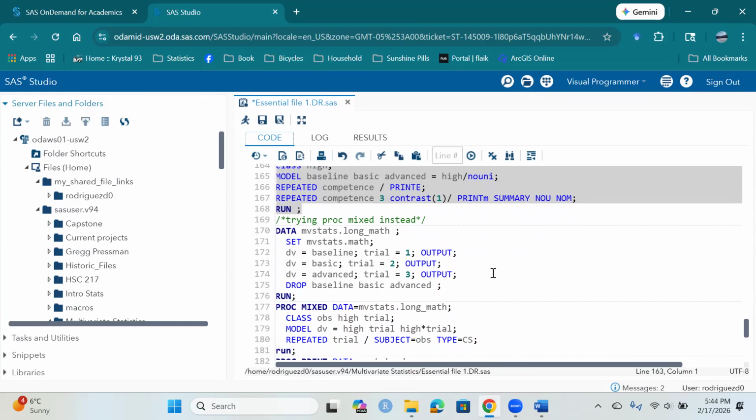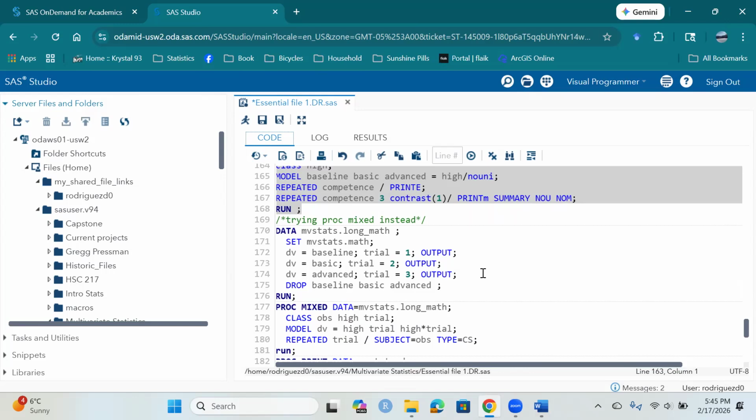So for instance, if a participant, say participant one, has a measure for baseline, a measure for basic, and a measure for advanced, that individual's data will look like, you'll have their participant ID, let's say it's one, and then you'd have data for baseline, then you'd have one and data for basic, and then you have 1, and then you have data for advanced. Then we do the same with 2: data for baseline, 2 data for basic, and 2 for advanced.